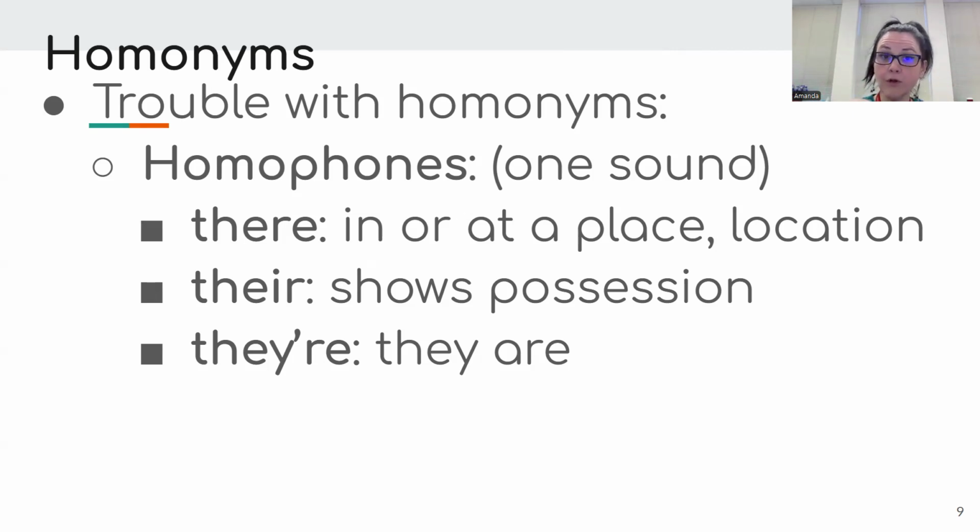It is plural possessive, so it shows possession. And the third one is the contraction for they are. It represents they plus are. The apostrophe represents the letter A. So it is two words put together for one word. They are becomes they're.